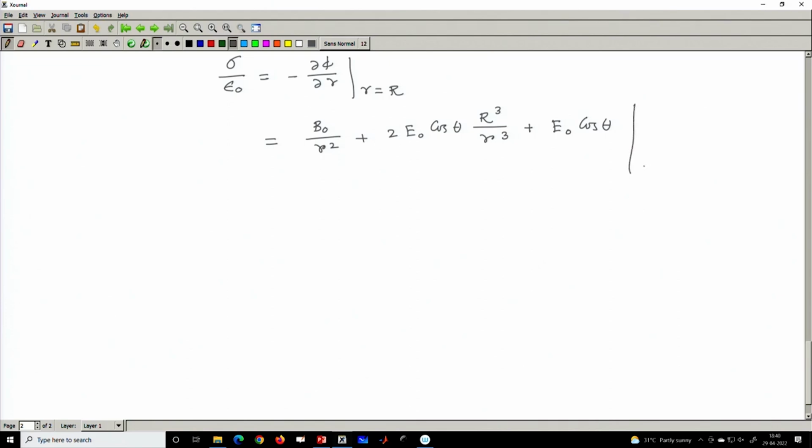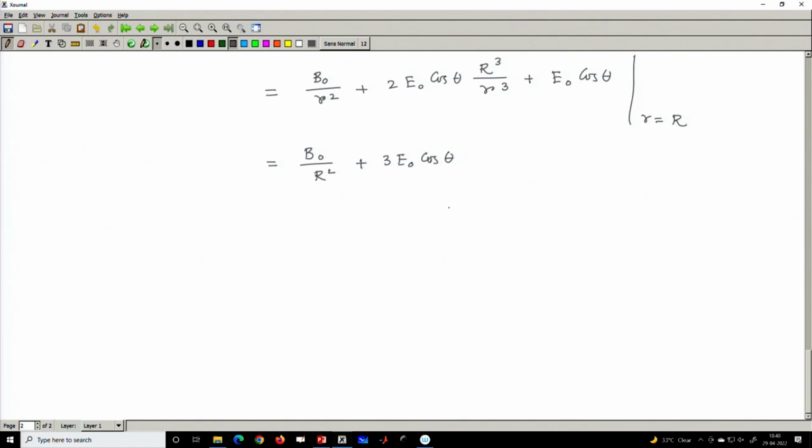I need to evaluate everything at r equal to R. So that eventually gives me b0 divided by r square plus, this will be 1, and we have 3 E0 cos theta.